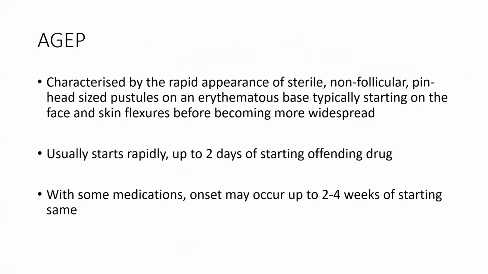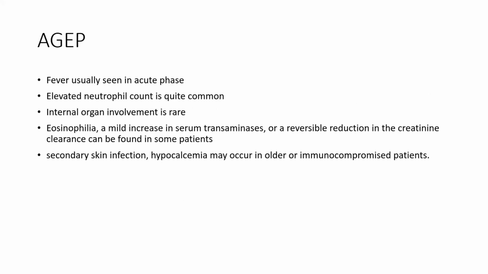It usually starts rapidly, within 2 days of starting the offending drug, and with some medications, onset may occur up to 2 to 4 weeks after starting. You can typically have a fever in the acute phase, and an elevated neutrophil count is quite common. Internal organ involvement is quite rare, and eosinophilia, a mild increase in serum transaminases, or reversible reduction in creatinine clearance can be found in a few patients.